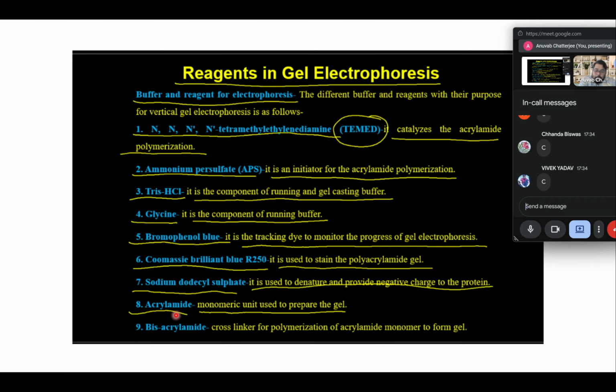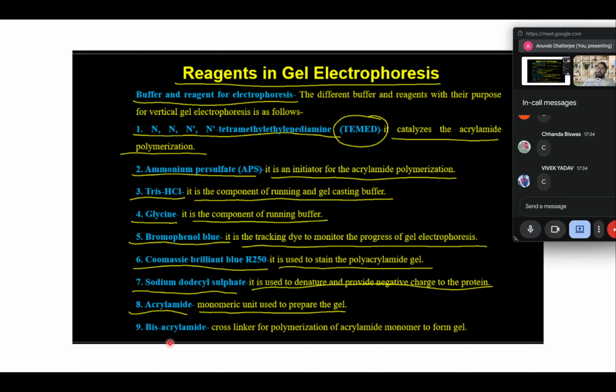And then you have bisacrylamide, which is an isomer of acrylamide, and this forms cross links for polymerization of acrylamide monomer to form gel. Acrylamide can very easily form very long polymers, so stretches of long strings. Bisacrylamide forms the other ends. So acrylamide forms long horizontal strings. Bisacrylamide joins these strings.